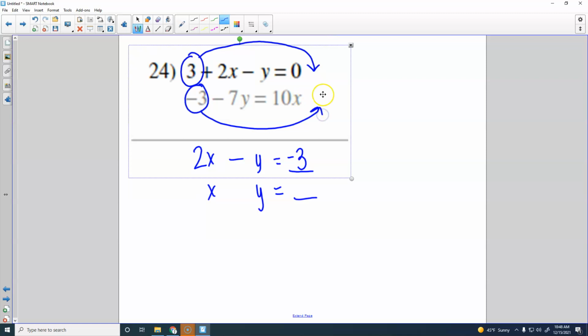We'll need to move that negative 3 over. We got to take the 10 and put it over here. So we're going to have negative 10x minus 7y is going to equal positive 3. So you have to get everything lined up first before you can use elimination.